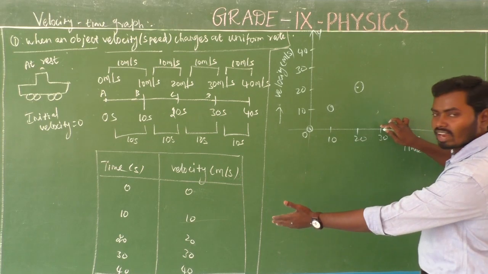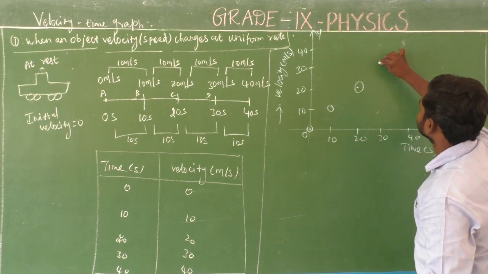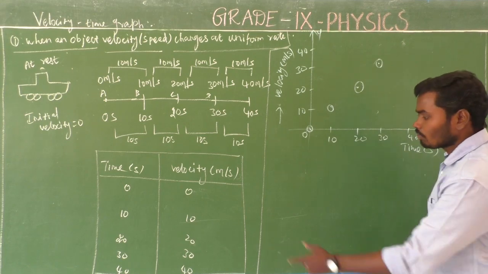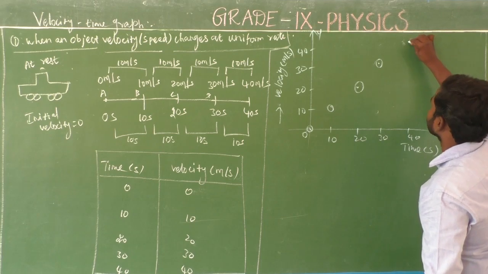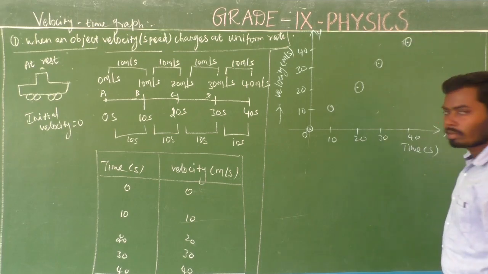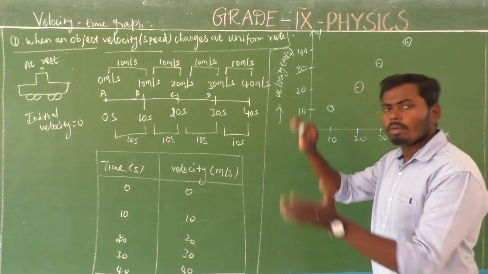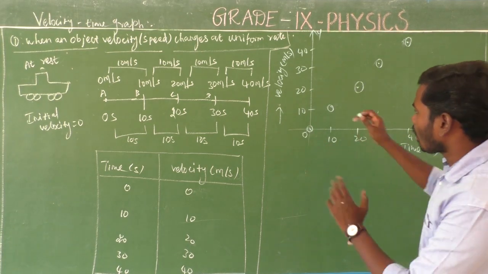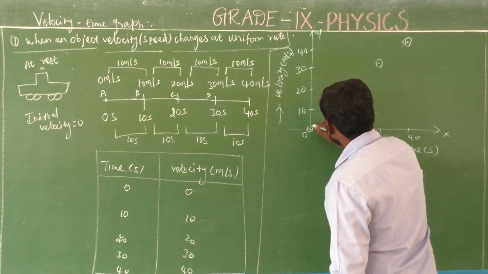Then at 30 seconds, 30 meters per second like this. Then at 40 seconds, 40 meters per second. Is it clear? It's very easy. So now connect all the points in the velocity-time graph, just like this.